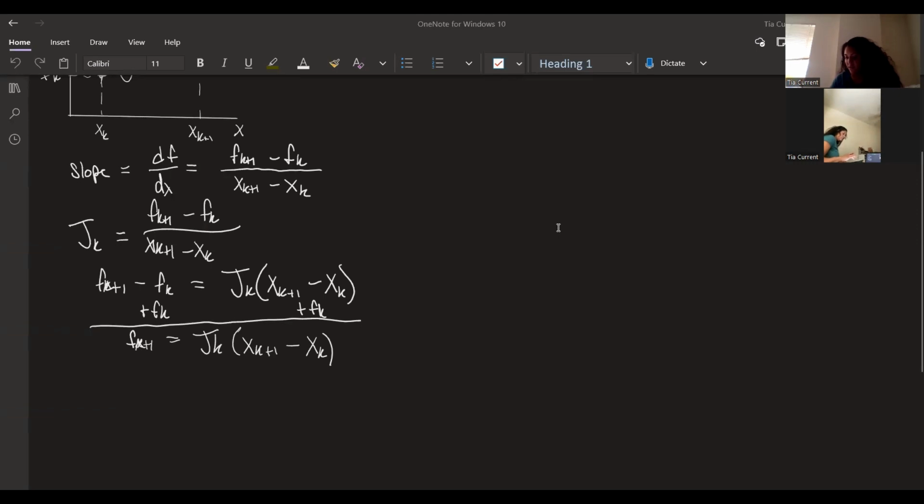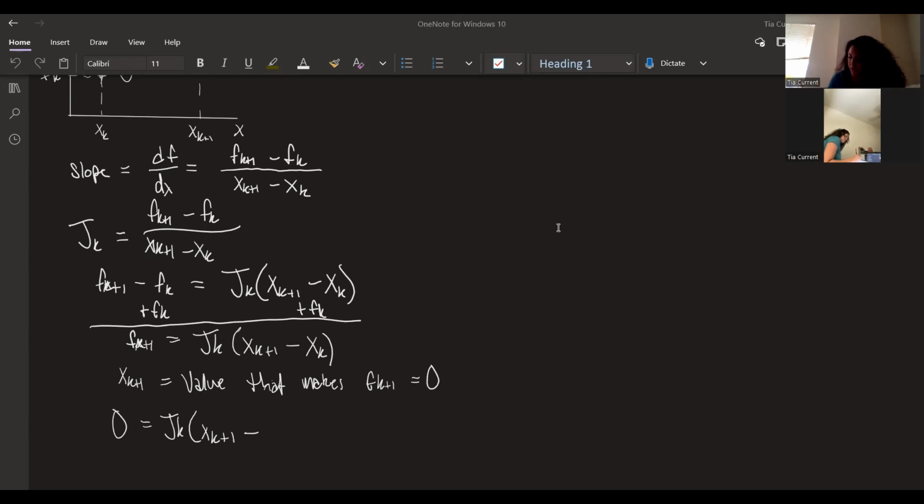And so ultimately, what we want is x k plus 1 equal to a value that makes our function f k plus 1 equal to 0. So let's rewrite this as 0 is equal to J k times x k plus 1 minus x k.